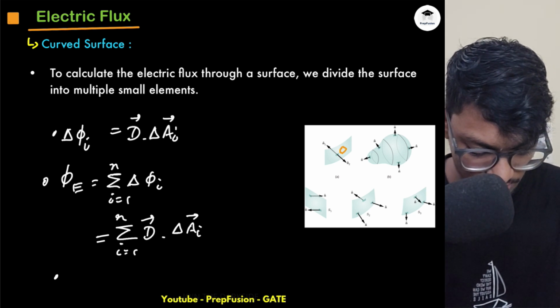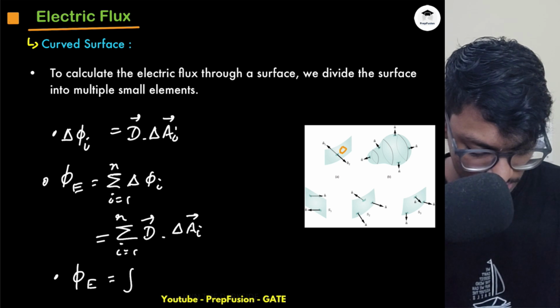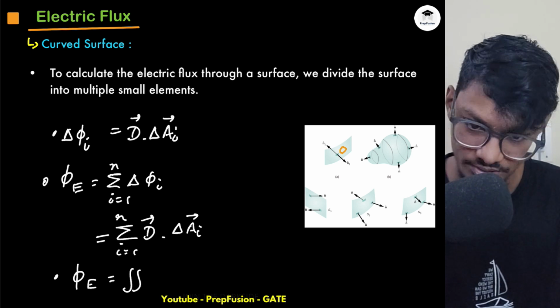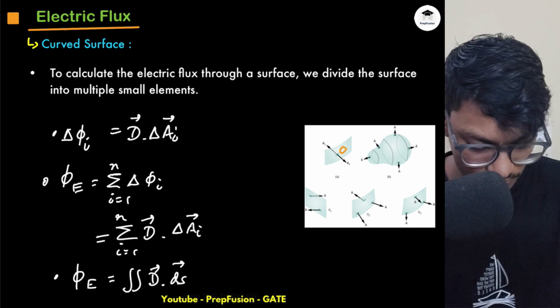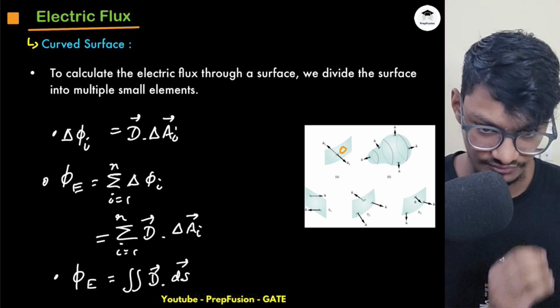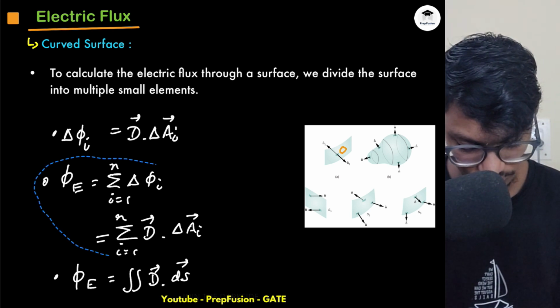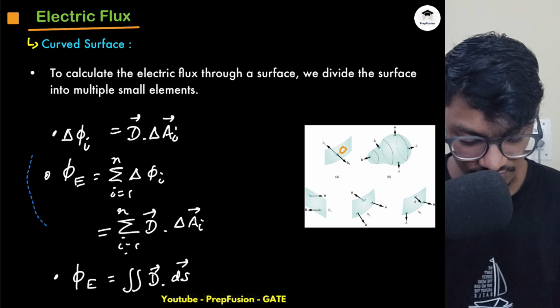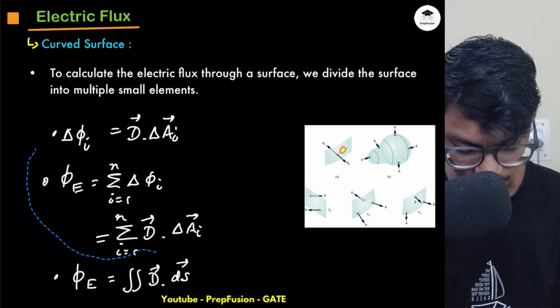So basically my total flux will then be the surface integral, the open surface integral of D dot ds. Okay, because ds is a very small surface. I haven't taught you what unit electric flux has. Electric flux basically has units of coulomb.